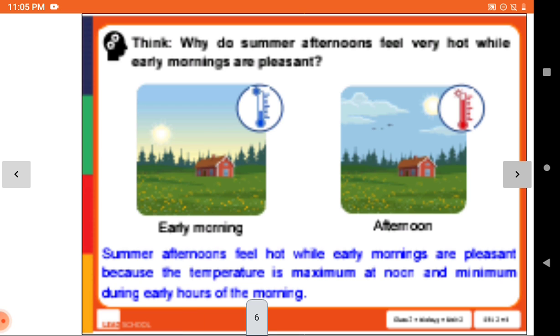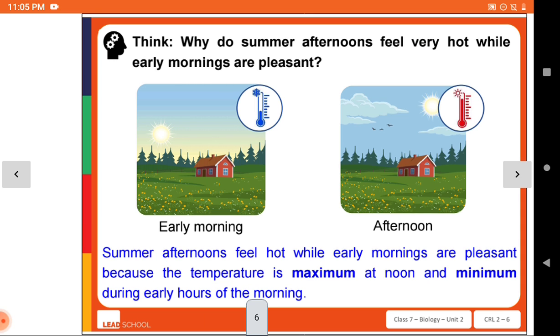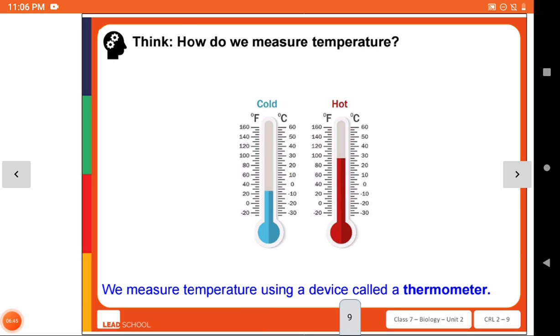So why do summer afternoons feel very hot while early mornings are pleasant? Summer afternoons feel hot while early mornings are pleasant because temperature is maximum at noon and minimum during the early hours of the morning. So students, how do we measure temperature?